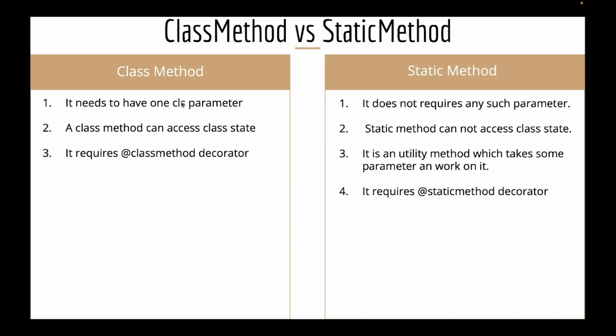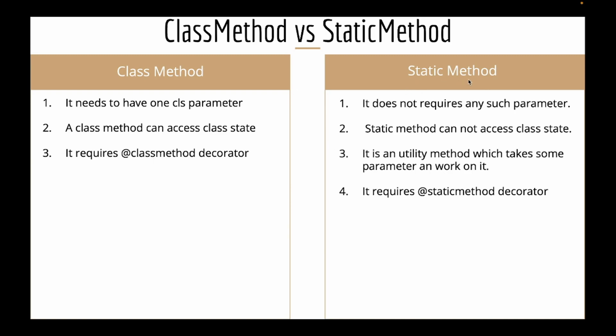This is the standard convention, but you need to have a particular variable for accessing the class. This class method can access the state of the class, how the class is behaving, and what things are in that class. And it requires one decorator called class method.